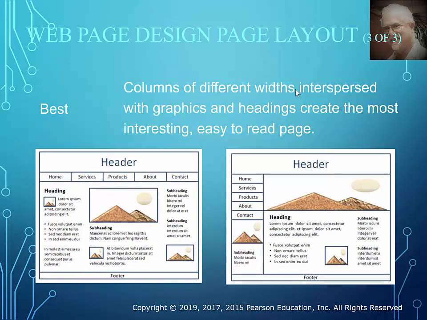There are a couple of other layouts. The one on the right is still three columns in a way. This is really good for a computer with a nice big 23-inch display. You have a header on the top, navigation on the left, and your main content in the right part, with one column a little bit bigger than the other.